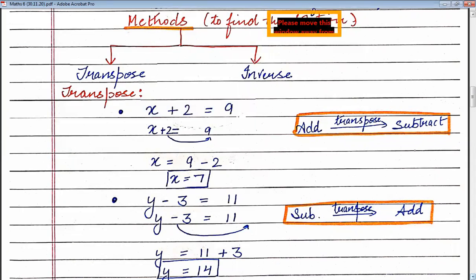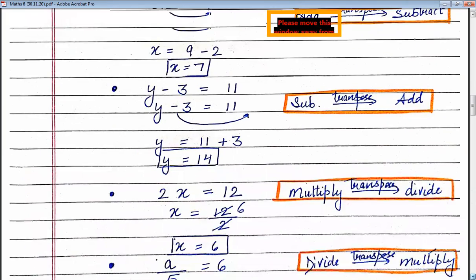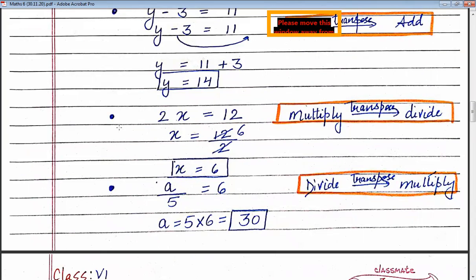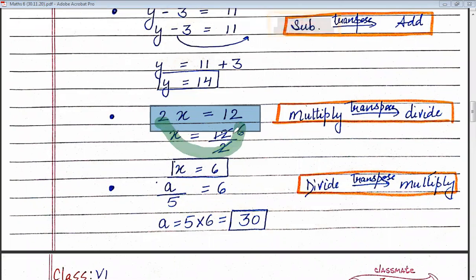Now next one is your multiplication and division. If any constant is in multiplication, then it will transpose to the right hand side and become divide. So your 2 will be shifted and it will be divided. So it is 12 divided by 2, which is equal to 6.